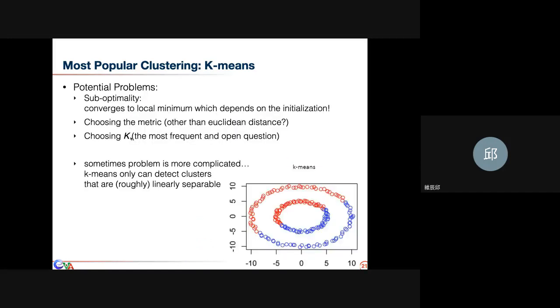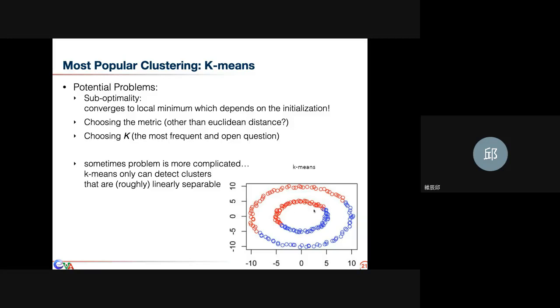Okay, and sometimes the problem is more complicated. K-means can only detect clusters that are roughly linearly separable, right? So for example, you are given such a 2D data set. If I directly perform k-means on this data space, then this would be the possible result that I will have.